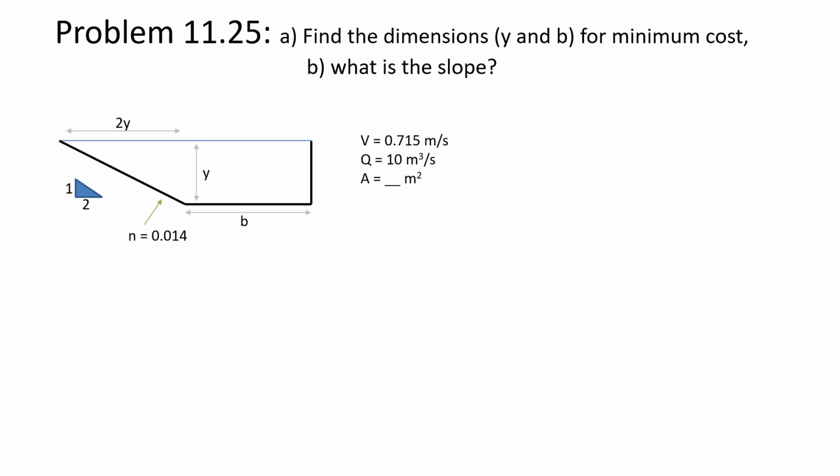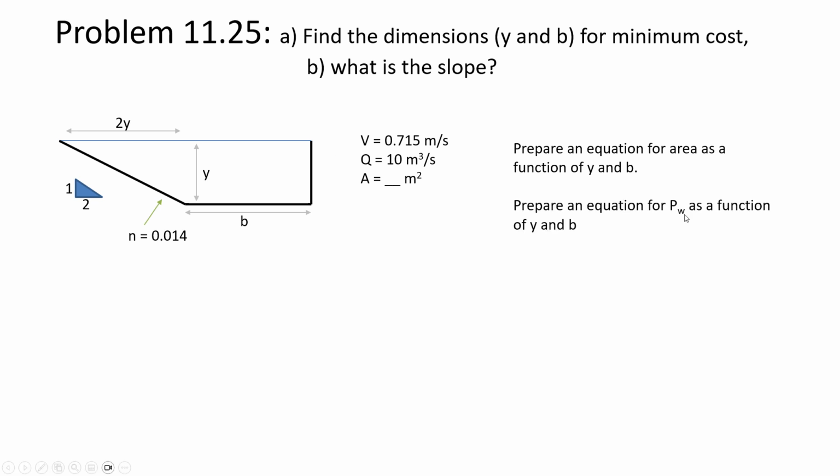Remember, A equals Q divided by V, so that's easy enough. So find the area, and then there's a lot of different possible combinations of depth and bottom width that will give you that area. There's an infinite number of combinations, but there's only one combination of bottom width and depth that's going to minimize the cost.